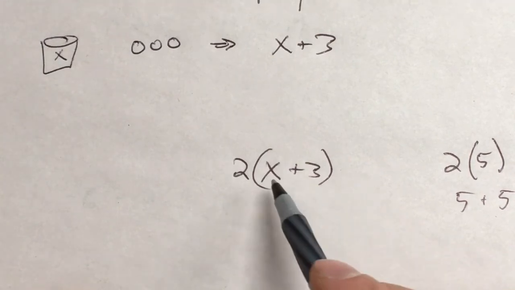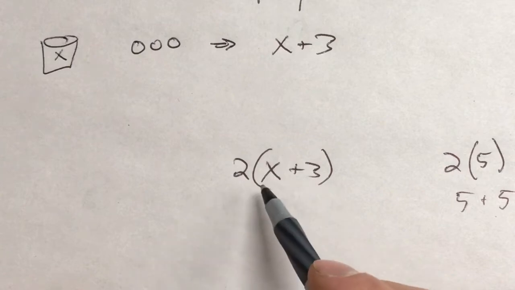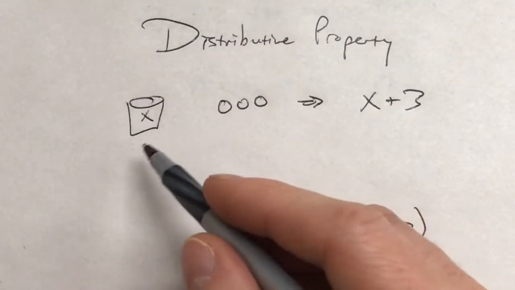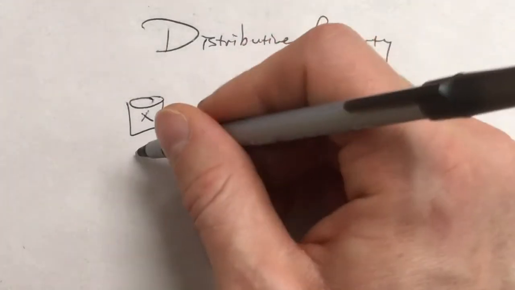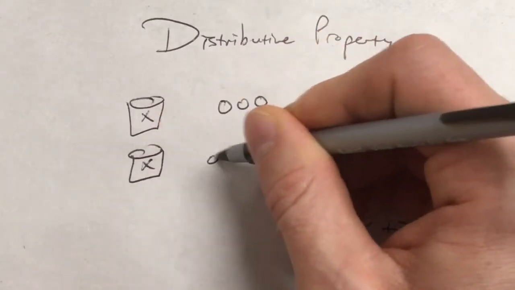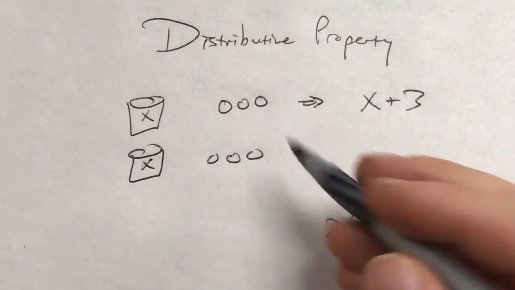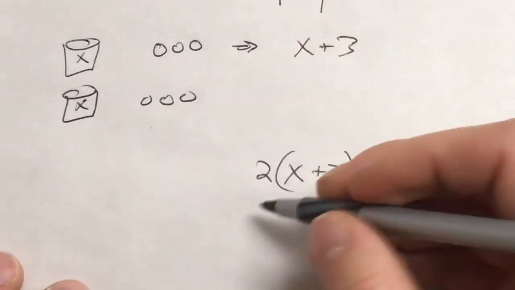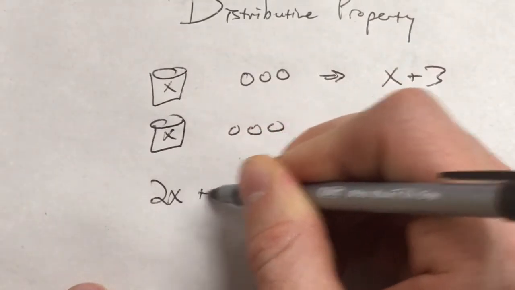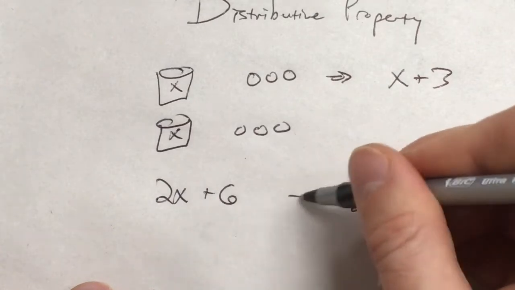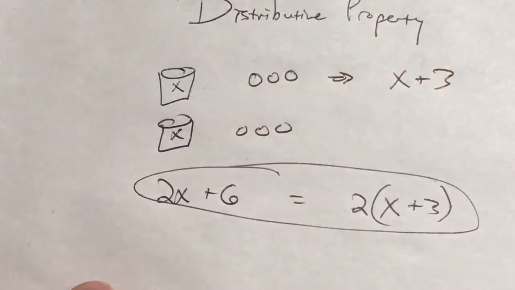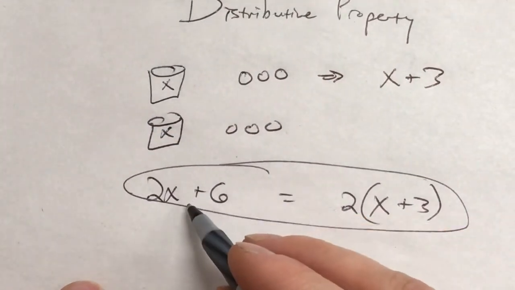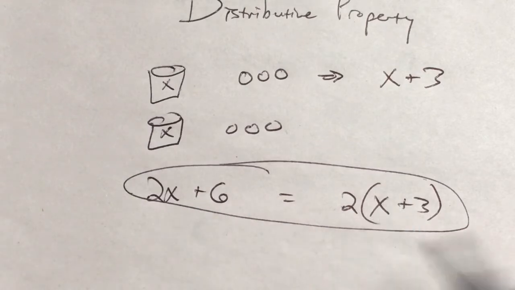But when you think of it as X plus 3, 2 times. So going back to my cups and pennies, it's not X plus 3 once, it's X plus 3, 2 times. And so when you have this thing done twice, that of course results in 2X plus 6. And so these two things are equivalent, and this is a result of the distributive property.